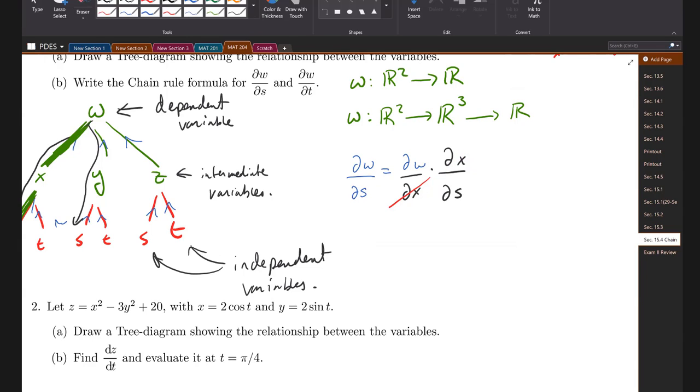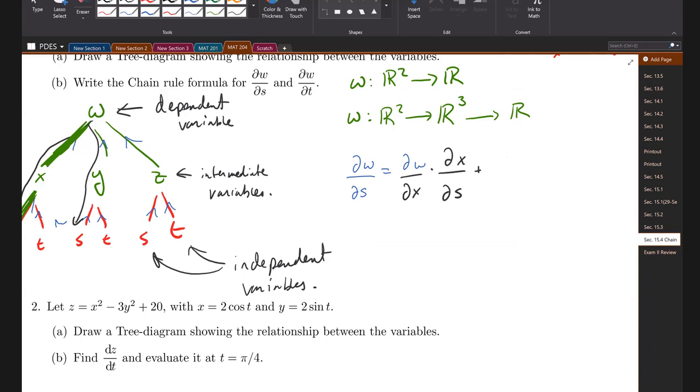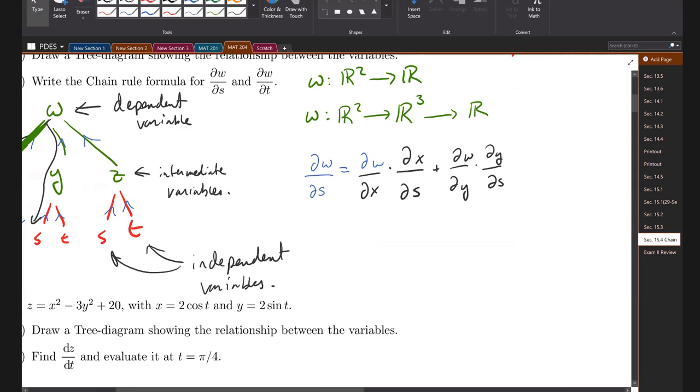Okay. I'm going to add to that all the other paths that can take me from W back down to S. So I could take partial W, partial Y times partial Y, partial S. Or I could take partial W, partial Z times partial Z, partial S. And what have I done?